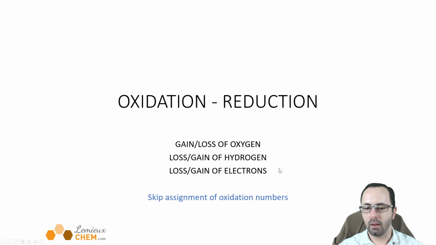And then the broadest definition of oxidation and reduction is in terms of the loss and gain of electrons, and that's the technical definition now of oxidation and reduction. Whether oxygen is involved or not, it has to do with the losing or gaining of electrons by a substance.